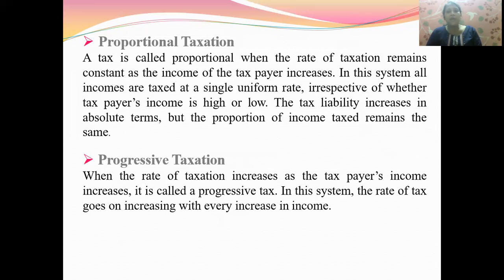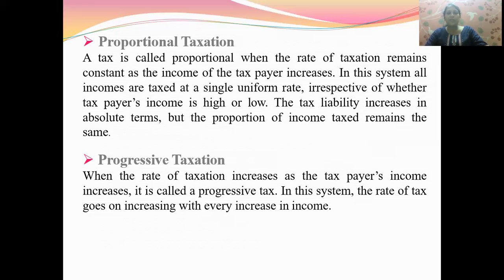The tax liability increases in absolute terms, but the proportion of income taxed remains the same. So whether the income of a person is more or less, that doesn't matter in proportional taxation. Next is progressive taxation.